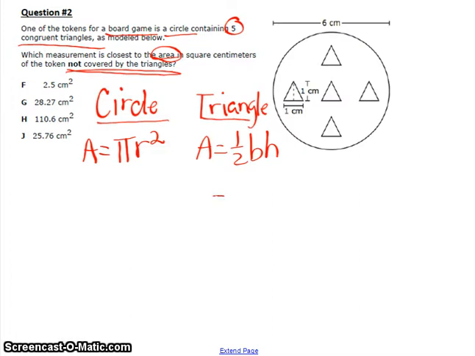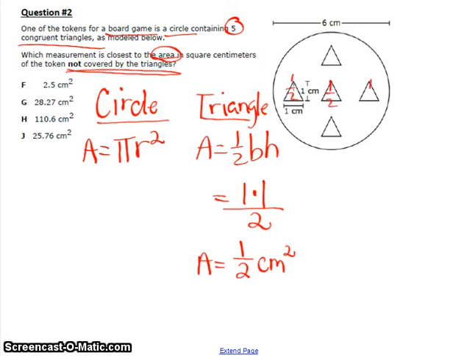All right, so I have a base measure of the triangle of 1 and the height measure of 1. When I multiply those together and divide by 2, I get the area of one triangle, which is 1/2 centimeters squared. So each triangle is 1/2 centimeters squared.